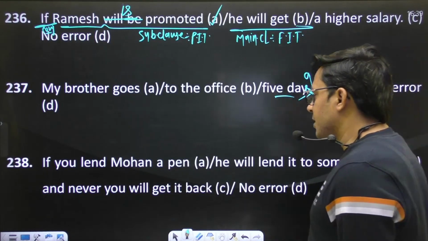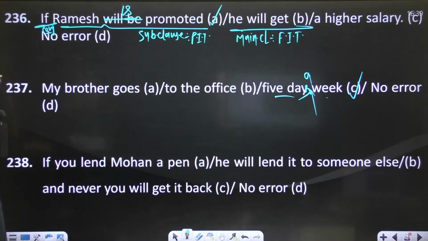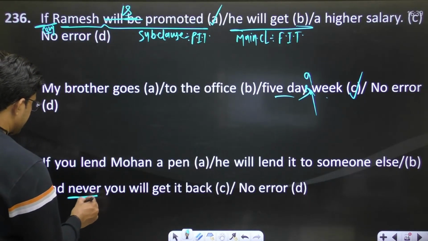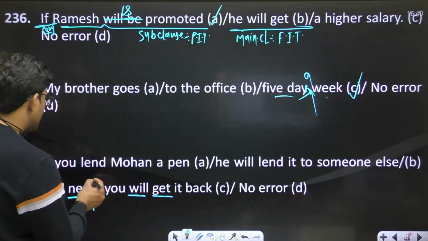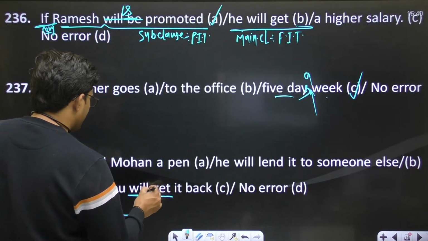If you lend Mohan a pen, he will lend it to someone else and never you will get it back. This never is an adverb of frequency. Do you know adverbs of frequency are used before the main verb?